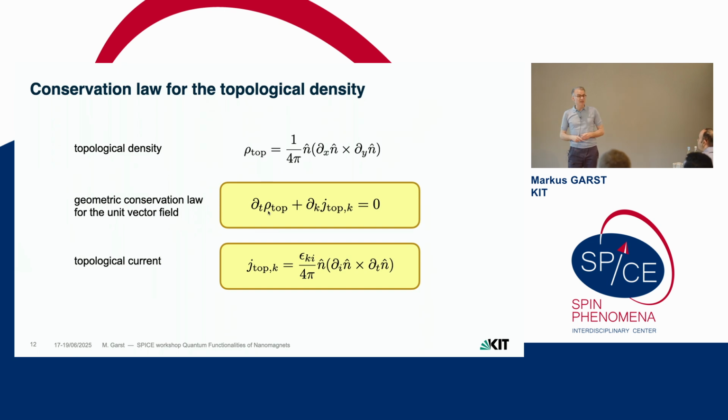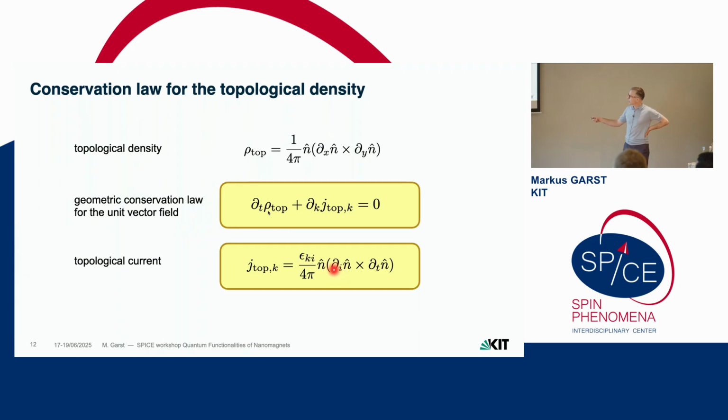And this leads to a strong geometric constraint, which you can express in terms of a conservation law, a continuity equation. If you take the time derivative of this topological density, you have already two derivatives, right? If you take a third, you can nicely reshuffle these derivatives and express it in a different way, in terms of a divergence of a current, which we call a topological current.